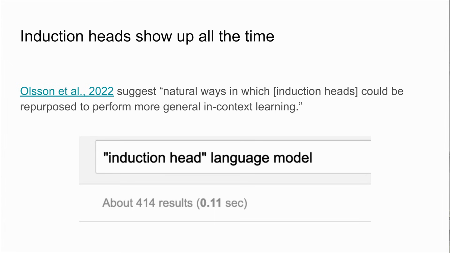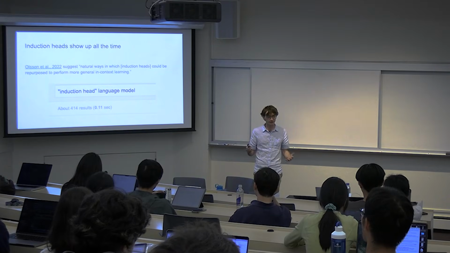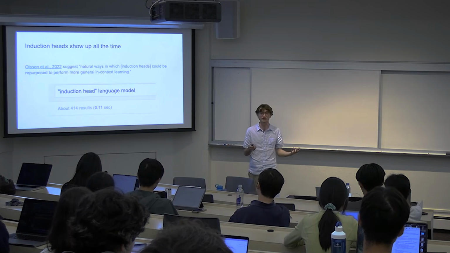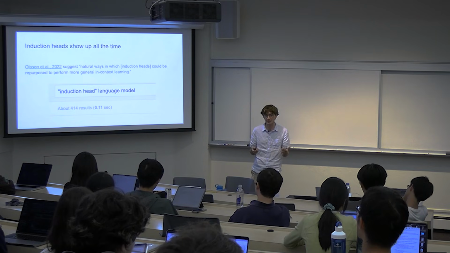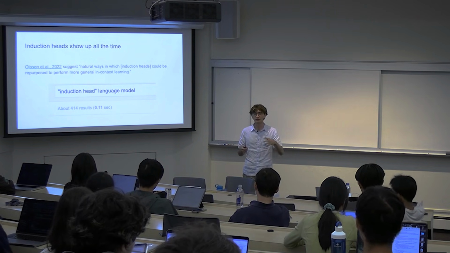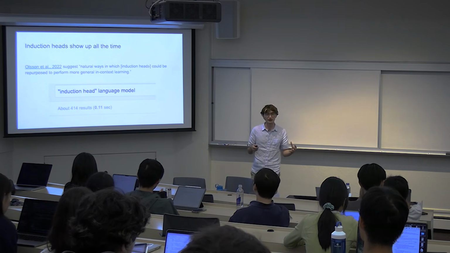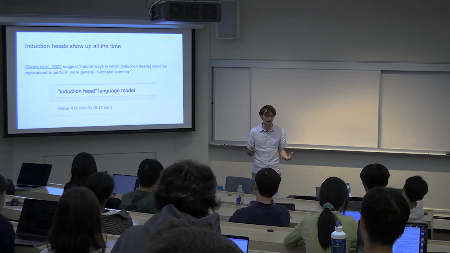But the point I want to make is that in the in-context learning and induction heads paper, the authors suggest that there are natural ways in which induction heads could be repurposed for in-context learning more generally, or for a bunch of different tasks. And this is exactly the kind of thing I mean, which is that there are simple mechanisms in these models that can be repurposed and show up again and again.